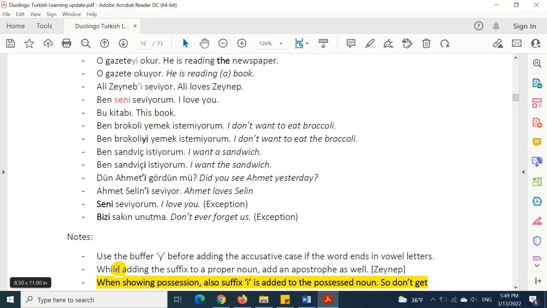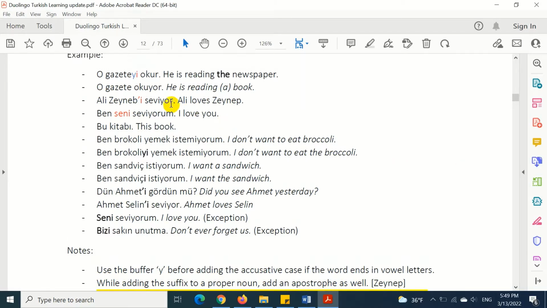And the second note you should know is that while adding the suffix to a proper noun, add an apostrophe as well. Whenever you are adding a suffix, the accusative suffix or any suffix, to a proper noun, Zainab is a proper noun, you know this, so there an apostrophe is required.